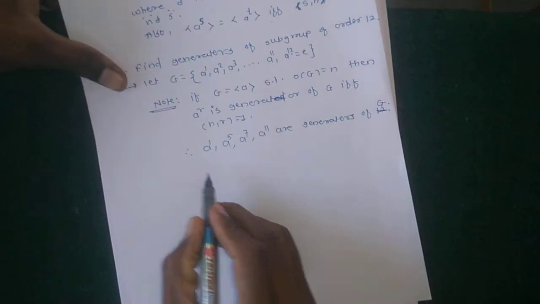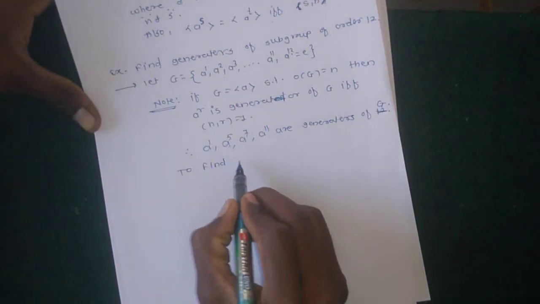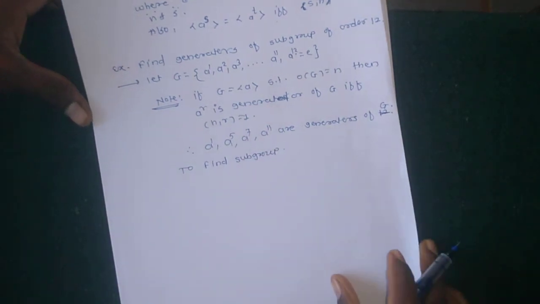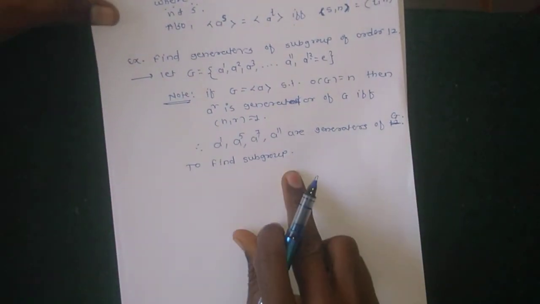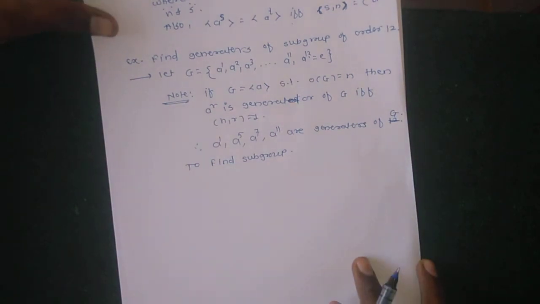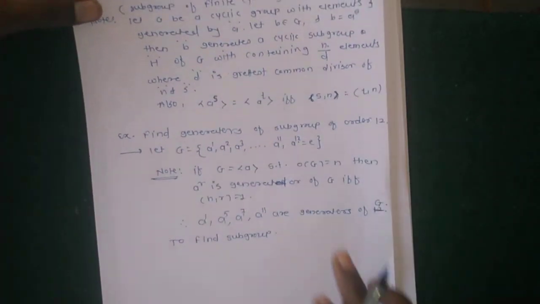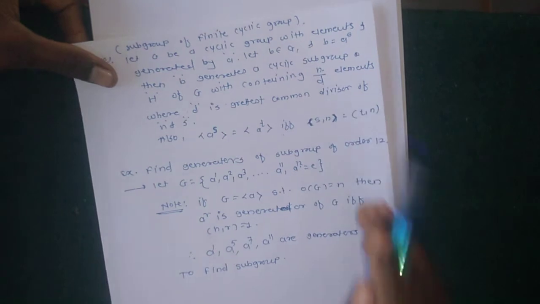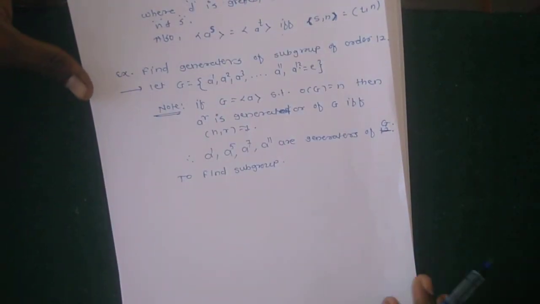Next, to find subgroups and generators of a subgroup, how do we find a subgroup? We use the definition and the above note: G has n elements, and we also use Lagrange's theorem.